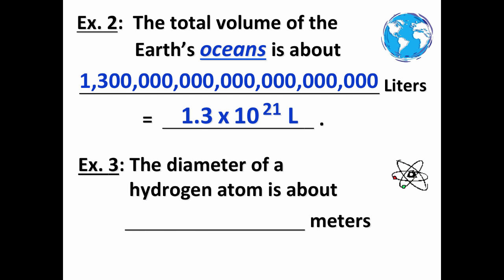And on the flip side, how about the diameter of a hydrogen atom? Well, you probably know that hydrogen atoms are very small, have a very small diameter. Turns out that that's approximately 0.00000000074 meters. And this is, again, kind of cumbersome to write all those zeros, easy to miss one.